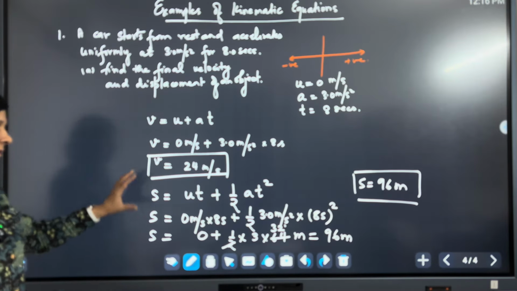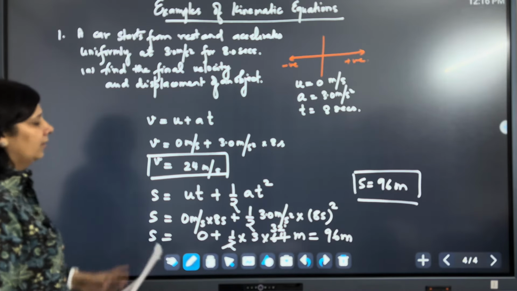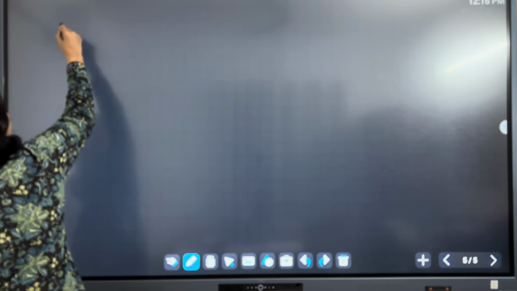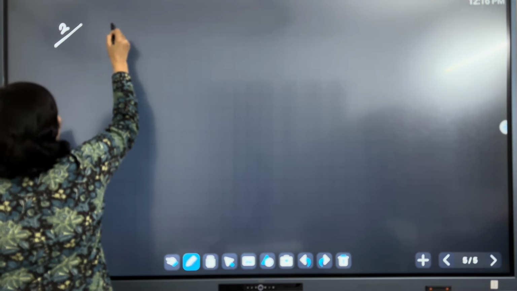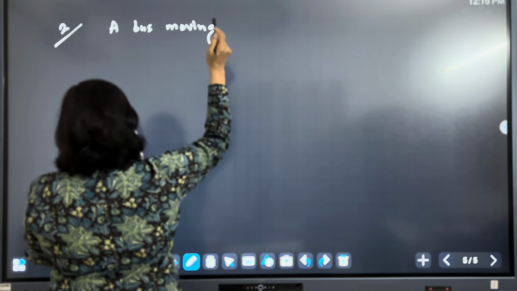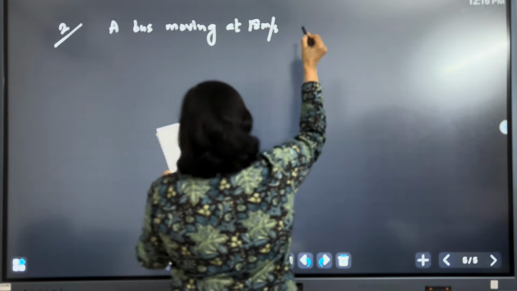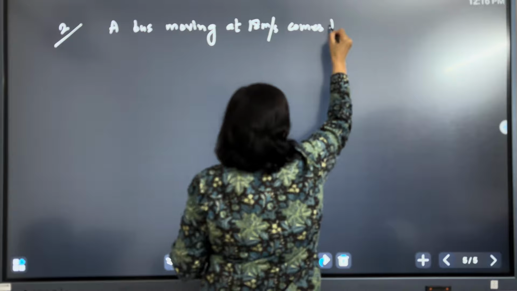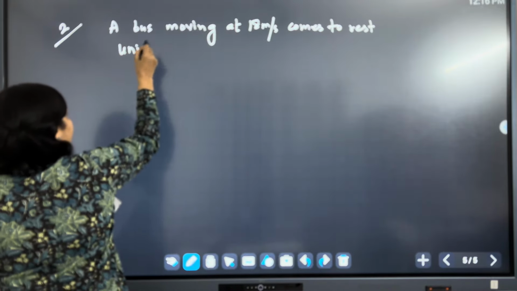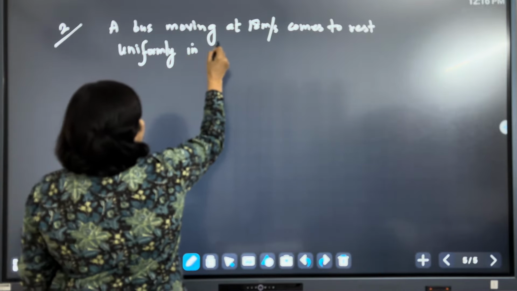Okay, it's a very simple one, just the application of kinematic equations which we have learned. Okay, let us do the second problem. A bus moving at 18 meter per second comes to rest uniformly in 6 seconds.